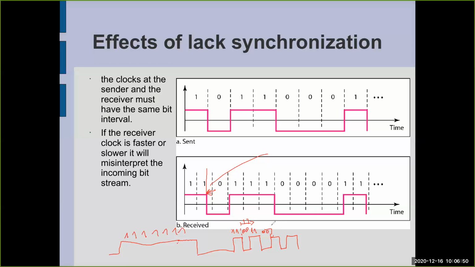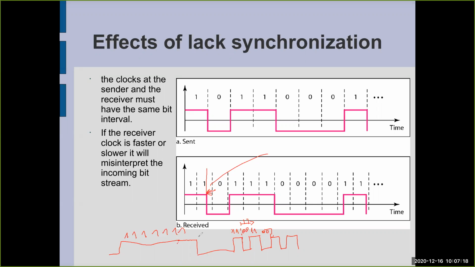Of course, if we increase transmission speed, the effect may be like this. So to make synchronization in this scheme, we need at least one level change per period in which the error may occur.